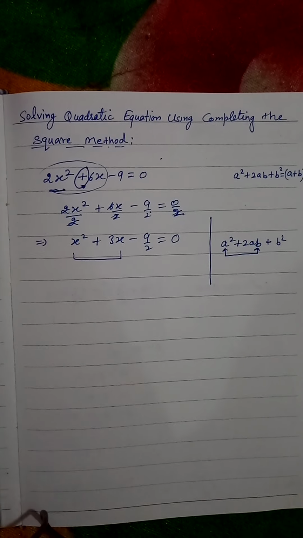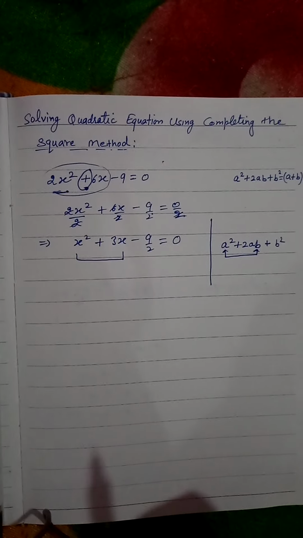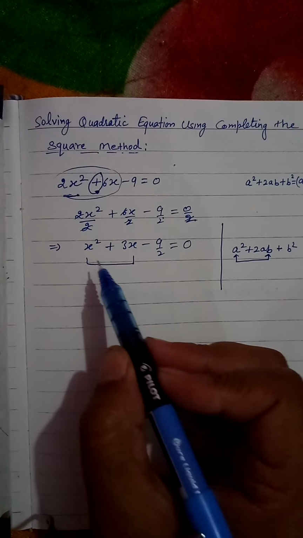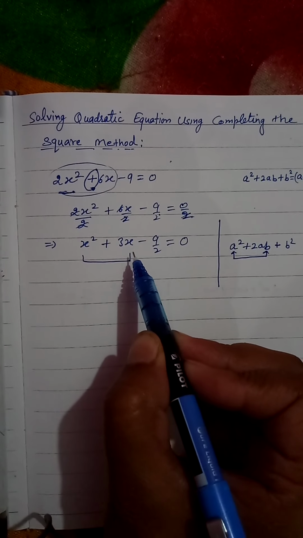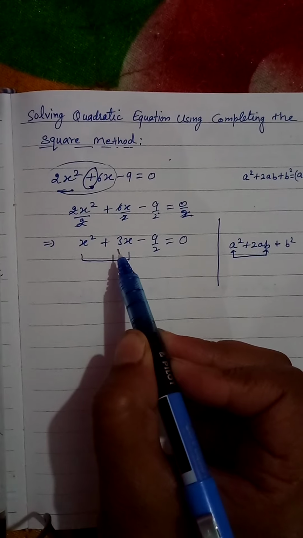Students, please watch carefully after this because this is the most important step of this method. You have to focus only on the variable parts. So here the variable parts are x square plus 3x.